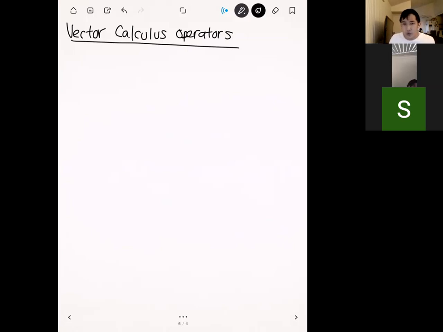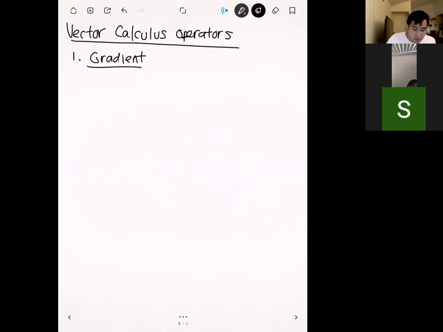And just so that we don't have to write tons of derivatives all day, we usually have a shorthand notation for these to help us save space in writing. There are three that I want to go over, the last one being a combination of the first two. The first one is the gradient operator.